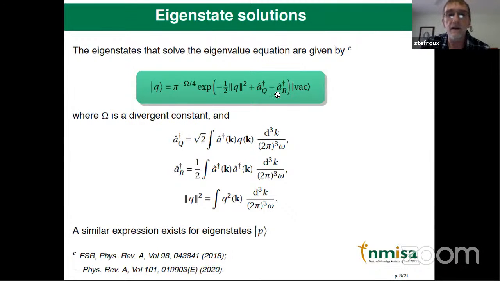In this exponent, you find that the operators are defined in terms of integrals over the momentum space. They contain the creation operators, together with the eigenvalue function. There are also some strange operators which only contain the square of the creation operator, and then just the magnitude of the eigenvalue function. A similar solution applies for the P.